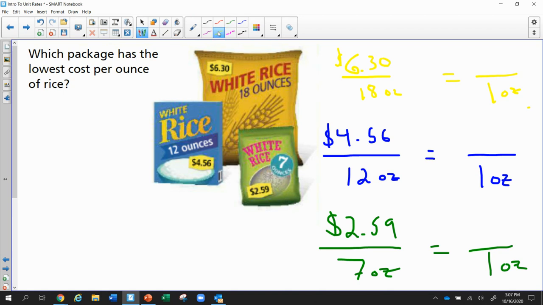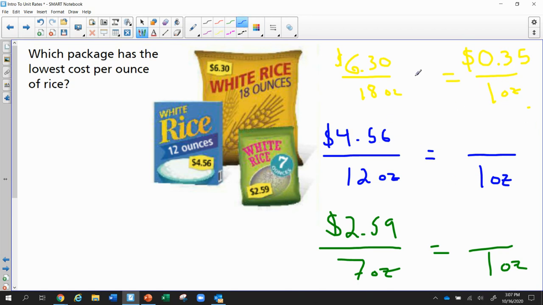So now that I've got all my ratios set up, I can just go back through each of these and divide. So the first one, I'm going to divide $6.30 by 18. And you guys are smart. You guys have your Chromebooks and your calculators. I would just do $6.30 divided by 18. And you would get that it is 0.35, which means 35 cents per 1 ounce.